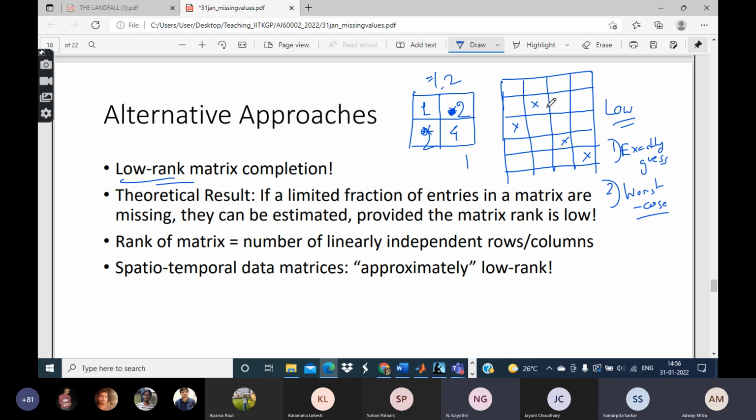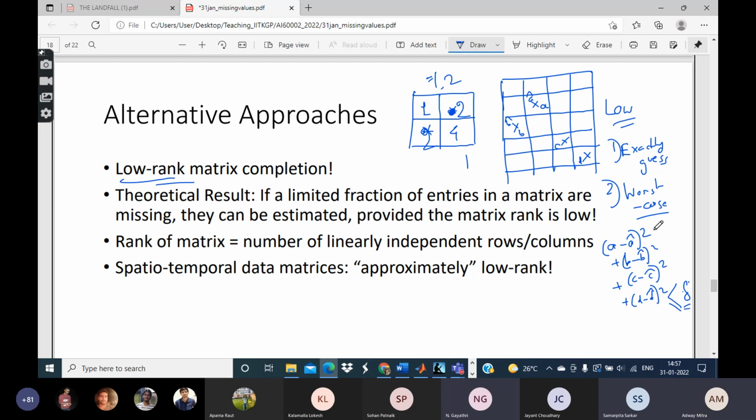Let's say the actual values here are A, B, C, and D, and the values which you have estimated in any way are A hat, B hat, C hat, D hat. Then it's theoretically possible to say that (A minus A hat) squared plus (B minus B hat) squared plus (C minus C hat) squared plus (D minus D hat) squared will be less than or equal to some particular threshold value.